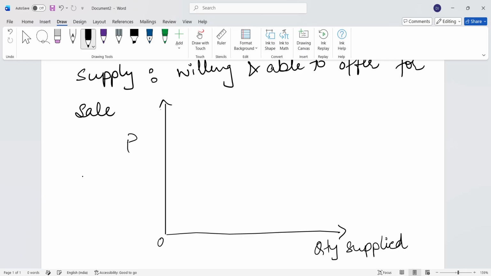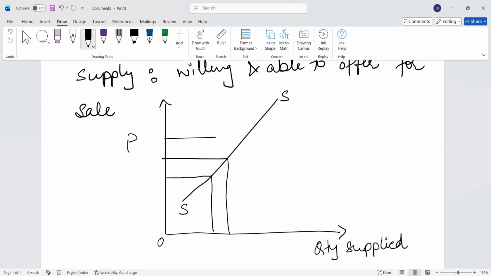And yes, the supply curve is upward sloping. So at higher prices, the producers are willing and able to offer a higher quantity of goods. So if this is P1, P2, P3, then Q1, Q2, Q3.